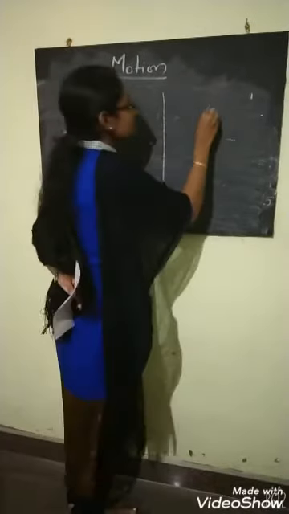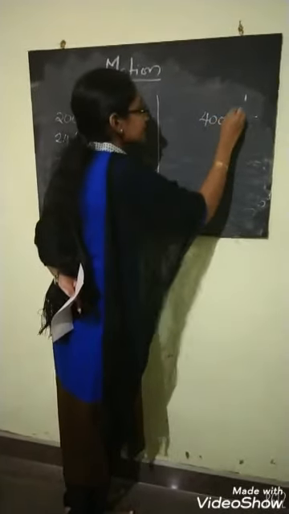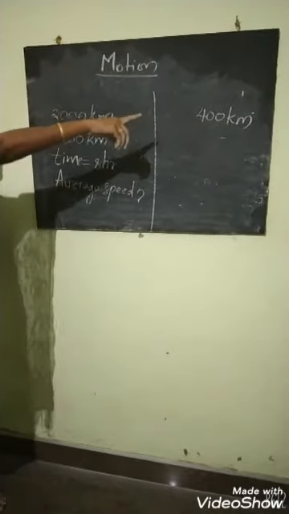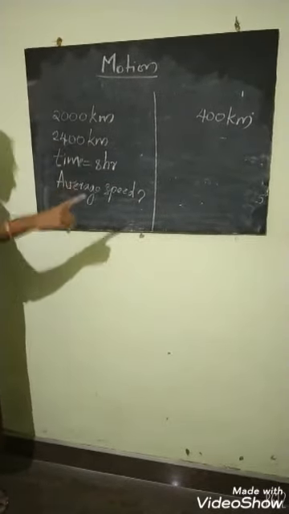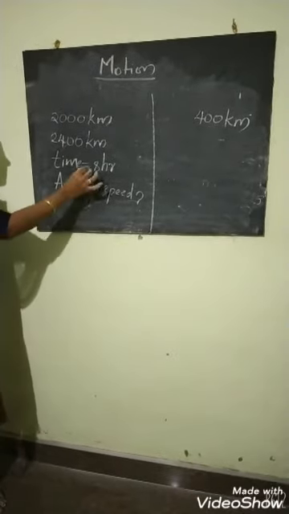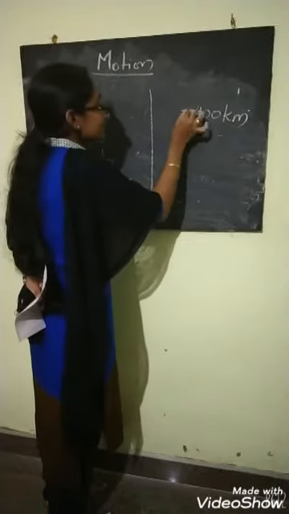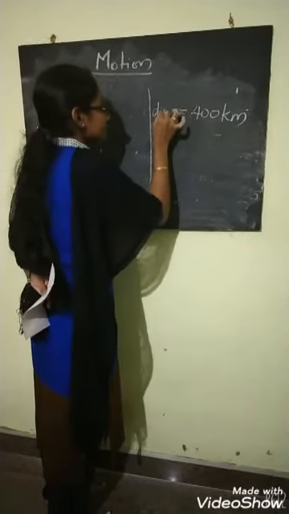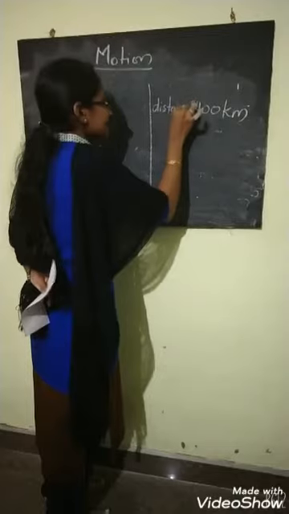We get 400 kilometer. What is this 400 kilometer? This is the distance that the person covered in these 8 hours. This is the distance.